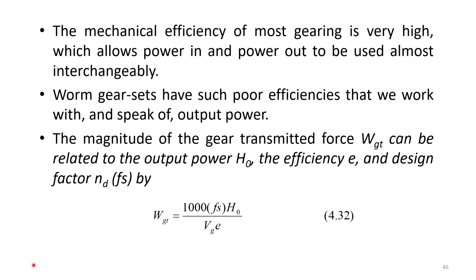Output power HO means, in the case of worm, due to very high sliding velocity and loss of power due to friction, the transmitted force at the gear is given by 1000 multiplied by factor of safety multiplied by output power divided by pitch line velocity of the gear multiplied by E. E is the efficiency.